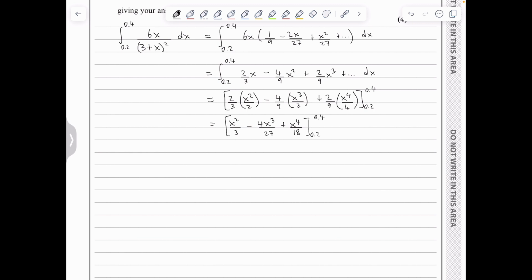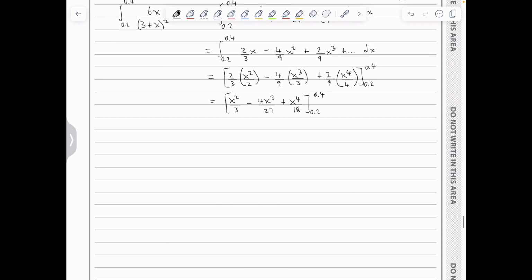So now it's time to substitute the upper and the lower limit. So this is equal to 0.4 squared over 3 minus 4 times the 0.4 to the power of 3 over 27 plus the 0.4 to the power of 4 over 18.